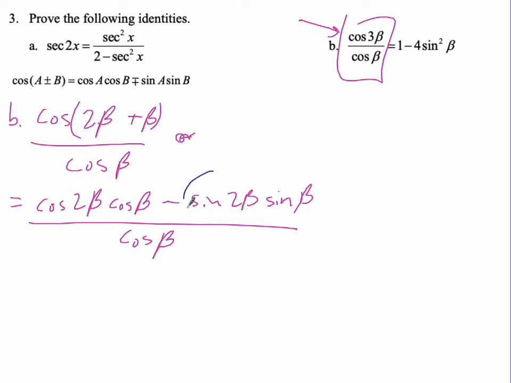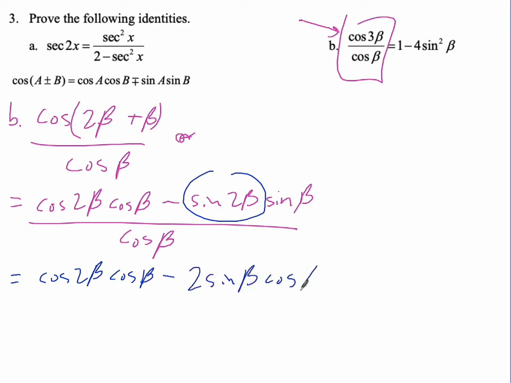I'm just going to convert this one first. So we have cosine 2 beta cosine beta minus 2 sine beta cosine beta sine beta, over cosine beta. The cosine betas will cancel.